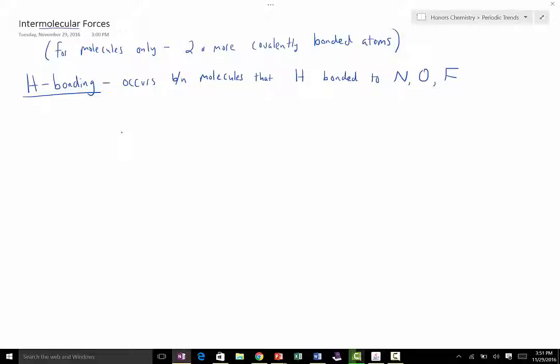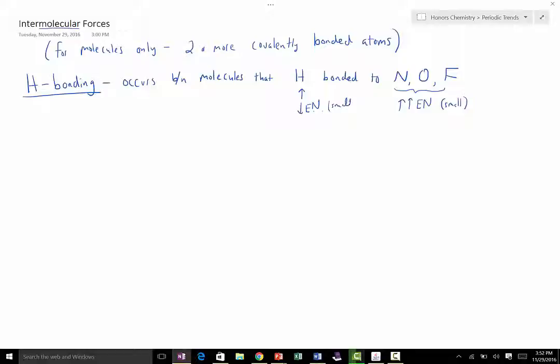When I look at these different elements, hydrogen has a pretty low electronegativity for a nonmetal. The others have very, very high electronegativities, and they're very small. Hydrogen is actually very small too.